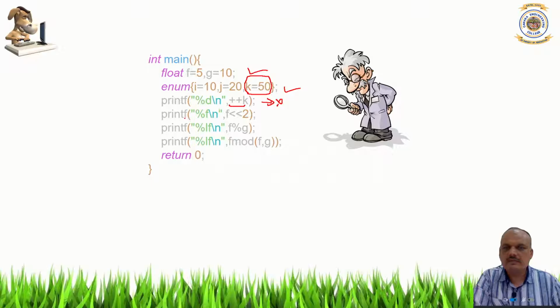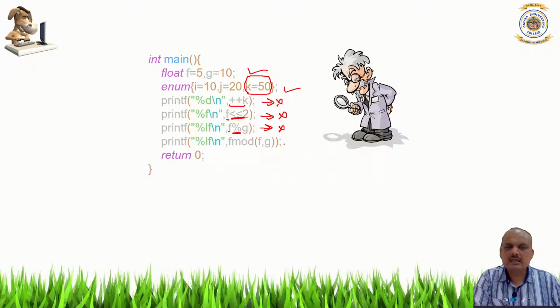That's the first thing. The second error that you probably might have got is that shift operators are not valid for floating point numbers. These are only for integers. The third error that you might have got is with respect to this, because as I told in my previous lecture, mod operators are only for integers, but f and g are floats, so you get an error for this.